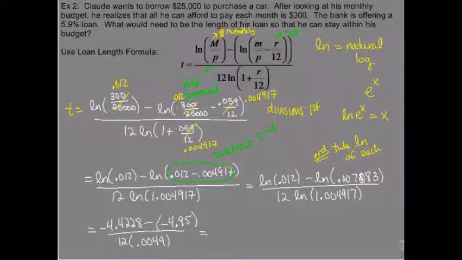Then I do this addition because two negatives make a positive. So I have negative 4.4228 plus 4.95. And then I have this multiplication, 0.0049 times 12.